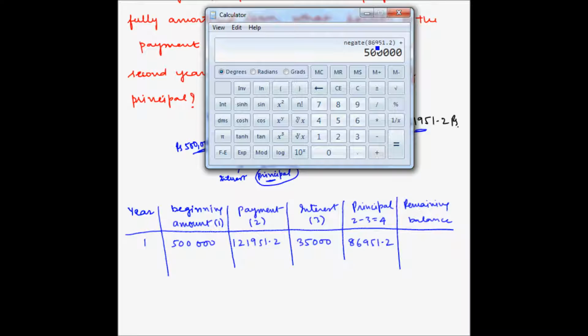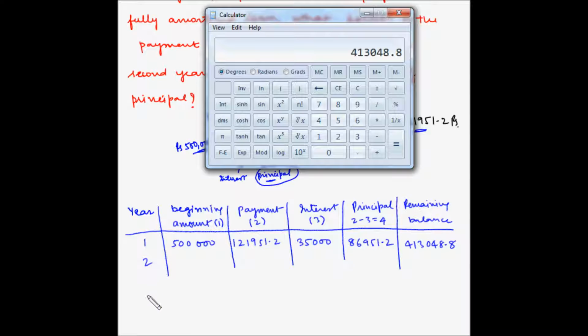Since I already had 86951.2 on the calculator screen, I just made it negative and added 500,000. The same thing. So the balance is 413,048.8 rupees.